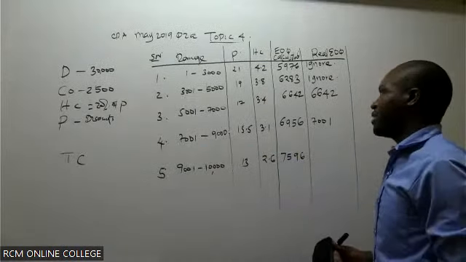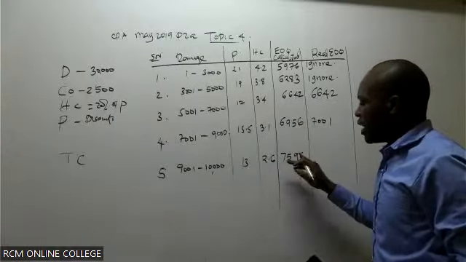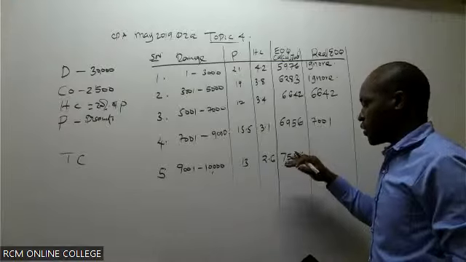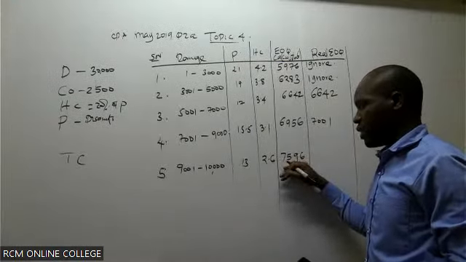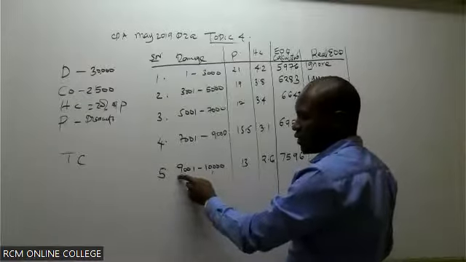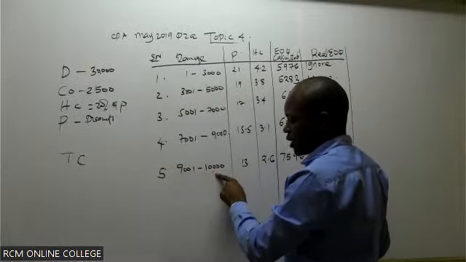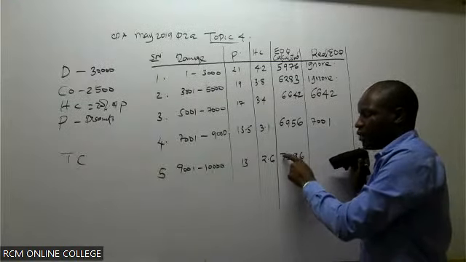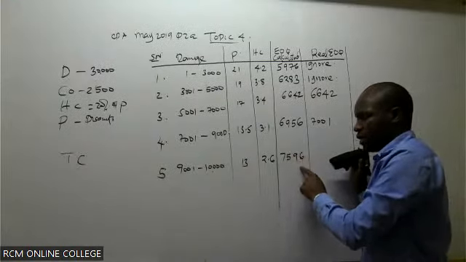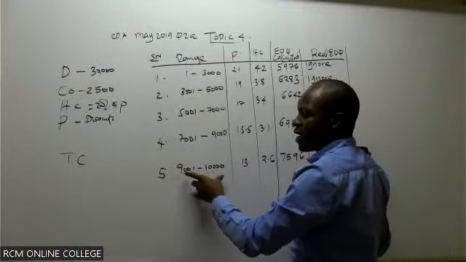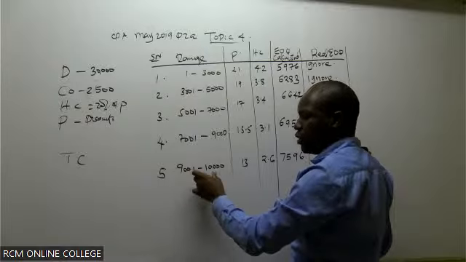So let's come and see. The rule allows us to pick anything above this, or at worst, this one here. Now, if I come to this range, it is 9,001 to 10,000. My calculated economic order quantity is 7,596. It is below this 9,001. It is below this range.